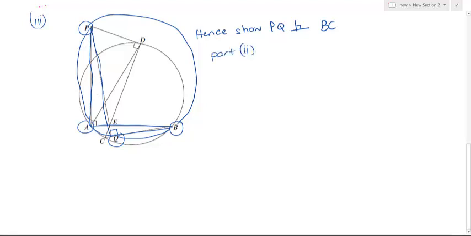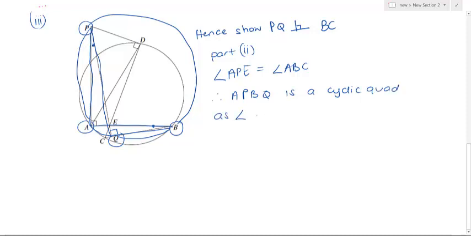From part 2, we know that angle APE is equal to angle ABC. If we've shown that these two angles are equal, then we've shown that APBQ is a cyclic quad, as angles standing on the same arc are equal.